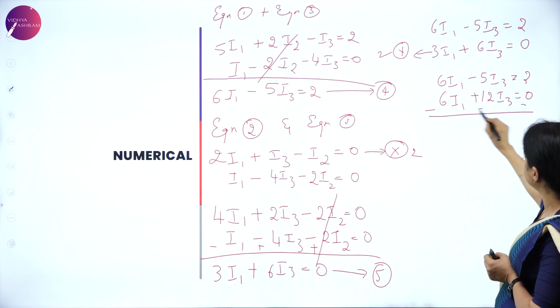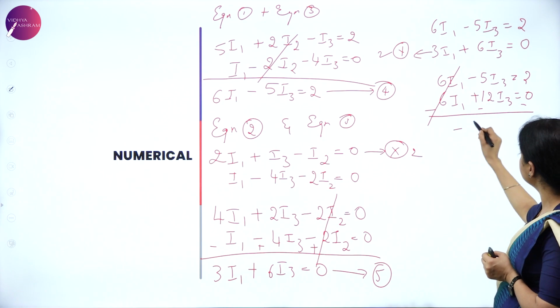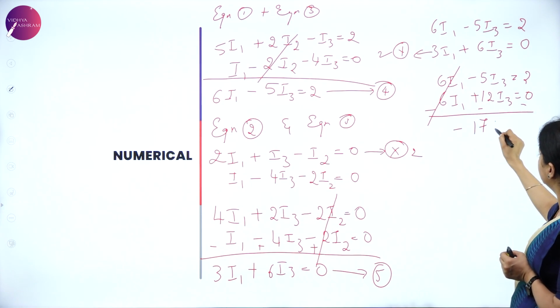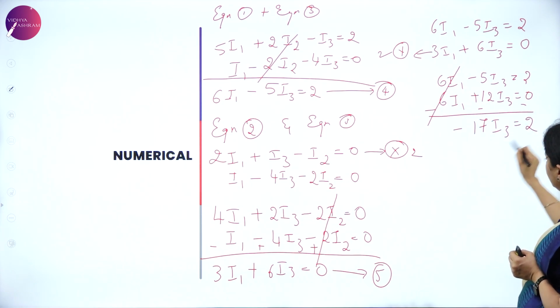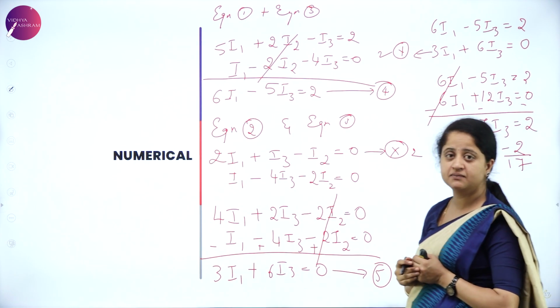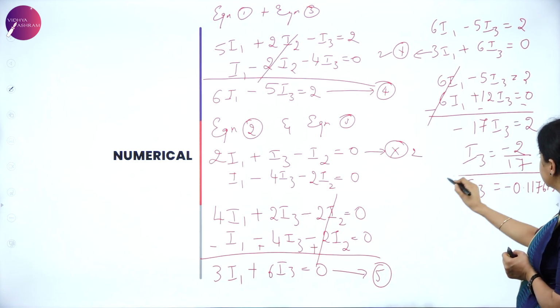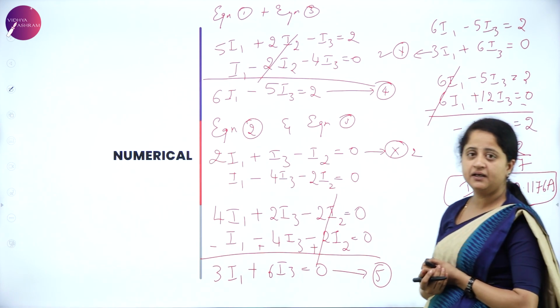Now let us simplify this. The 6I1 terms will get cancelled. Minus into minus becomes plus, so 12 plus 5 is 17 I3 which is equal to 2, and I3 is equal to minus 2 divided by 17. The value of I3 becomes minus 0.1176 amperes. Since it is current, it should be in amperes.